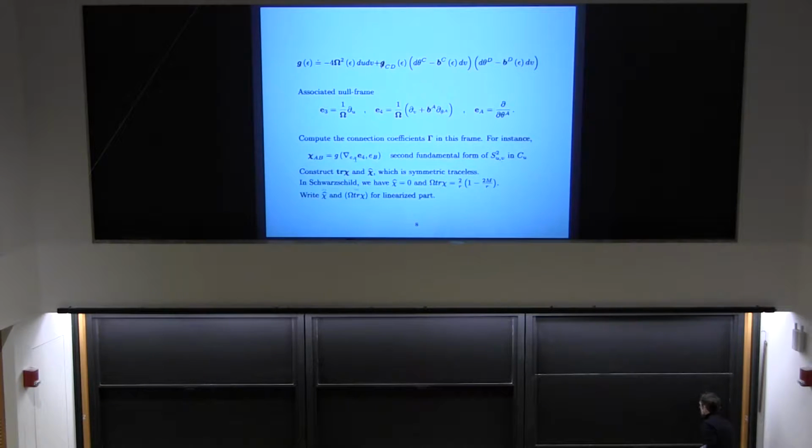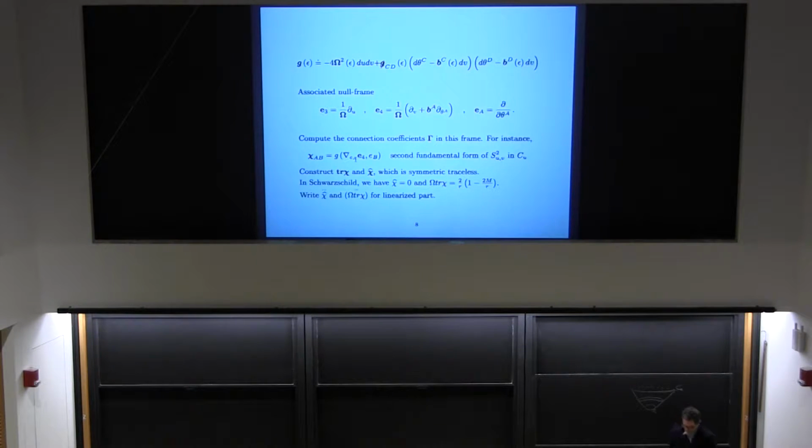So to give you an example, if you look at a null cone of constant u, then you know that this null cone is foliated by these spheres S_{u,v}.